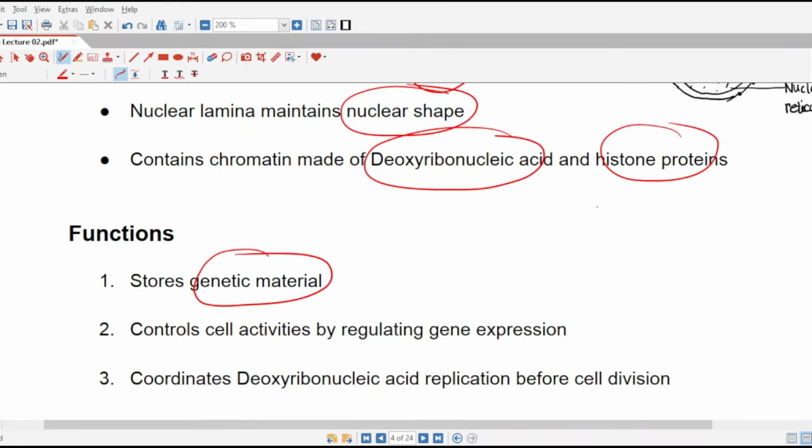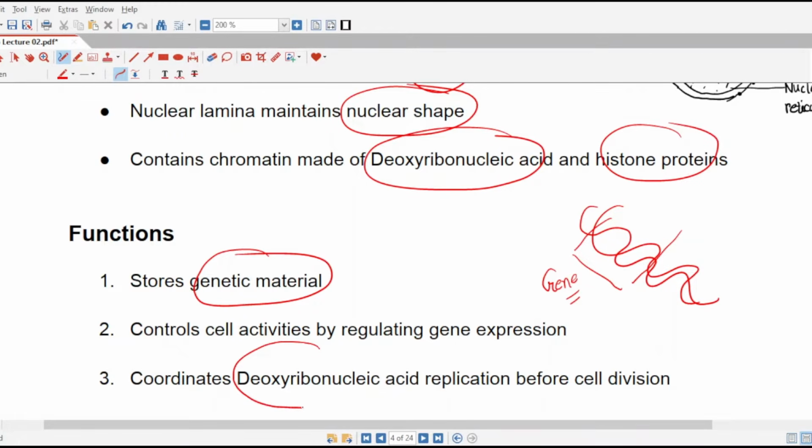Because when we draw DNA, we say that there are certain parts of DNA that give the order for making protein, and that functional unit is called gene, and gene gives codes for protein synthesis, right? And the third one, it rightly says that the nucleus will coordinate DNA replication before cell division.